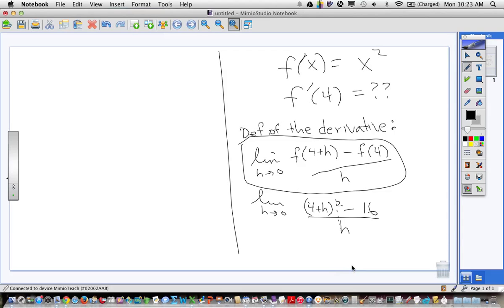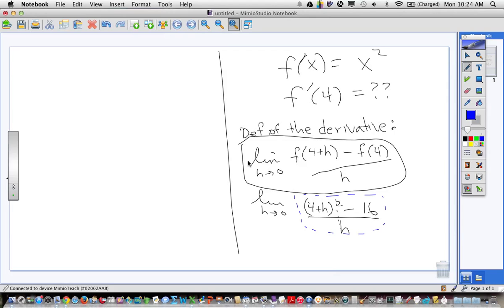But what if the directions said use a calculator table? What would you do with this? You would graph what? This part. That's what you did on today's worksheet. You took the blue part and graphed it, except instead of an h you put an x, and you saw where it was.